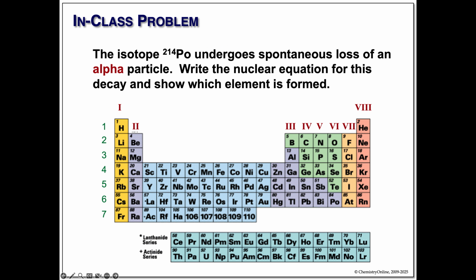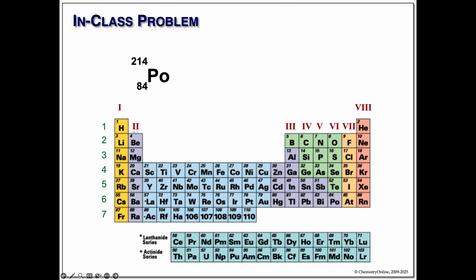Let's do another. If we have polonium-214, it undergoes loss of an alpha particle. The nuclear equation. Well, we're going to start with polonium. We are going to lose the alpha particle. Atomic number will drop from 84 minus 2 to 82. So we're here at polonium. We're dropping down to 82.